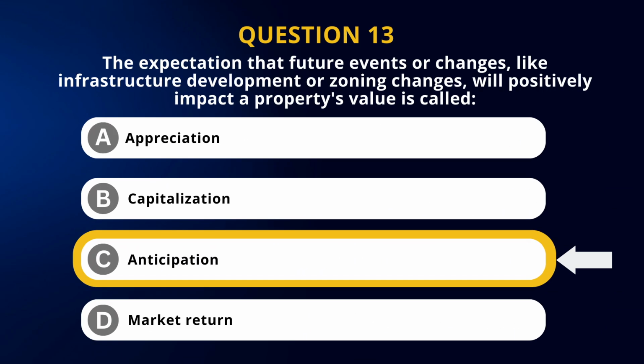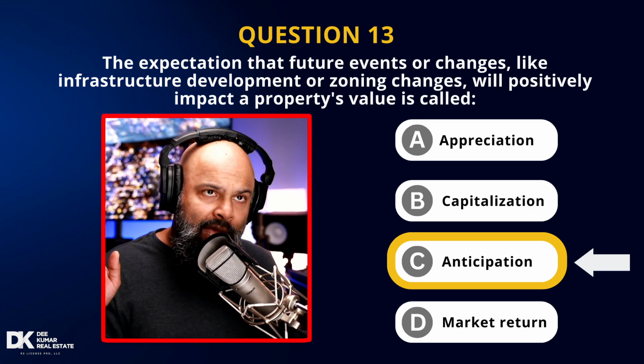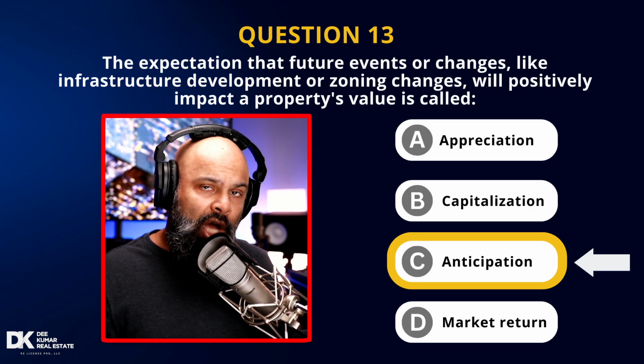All of these things are different vocab phrases that you tend to see. And again, they might present it like this. You might not need to know all of them, but you need to know what some of these are so you can exclude them as answer choices as you're reading through questions. So you want to know what the definition of appreciation is. You want to know what the definition of capitalization is. And anticipation, you will find definitions for anticipation in the appraisal sections of your studies.